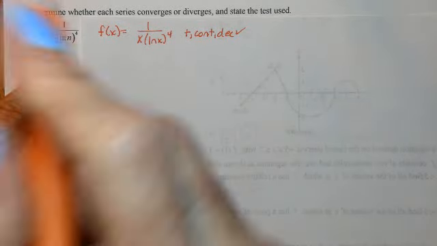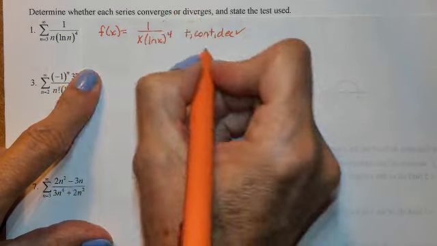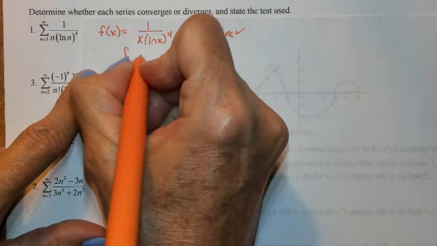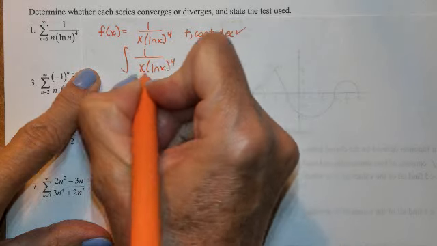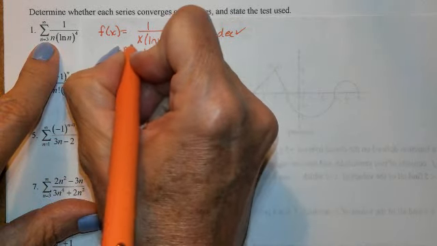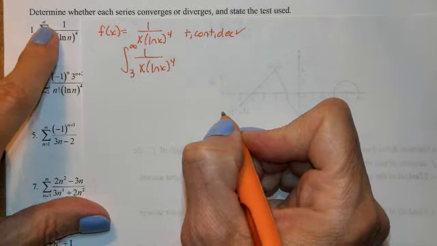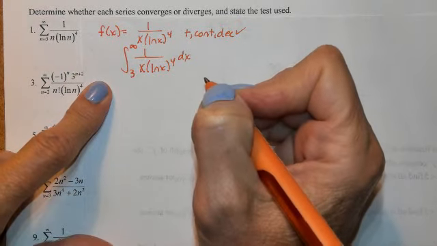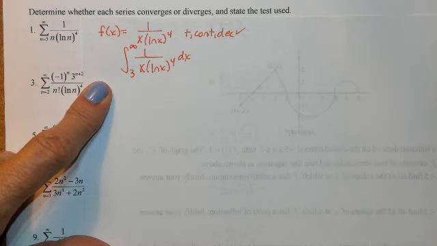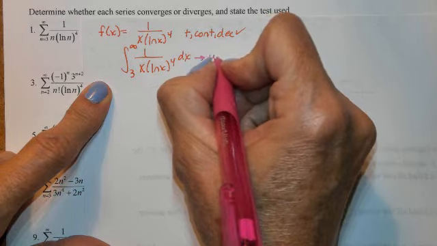All right, then I take the integral from 3 to infinity, because those are the values on my series. Come off to the side, do a little u sub.